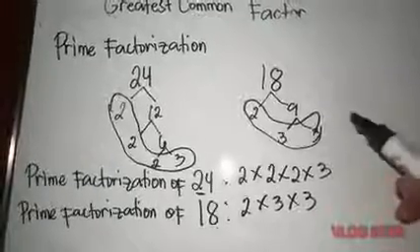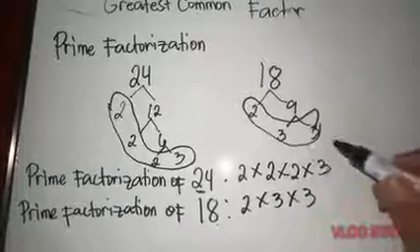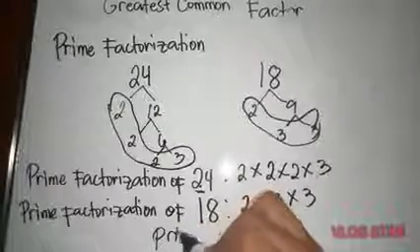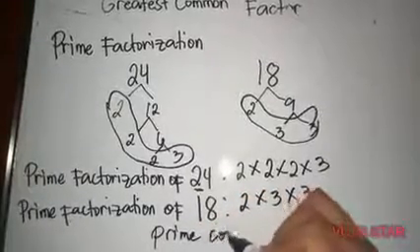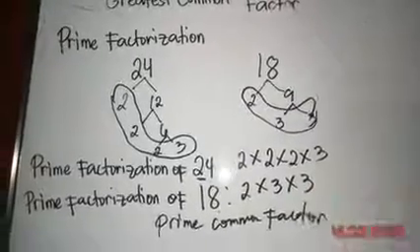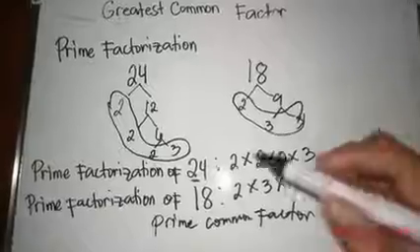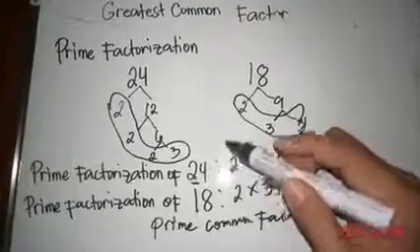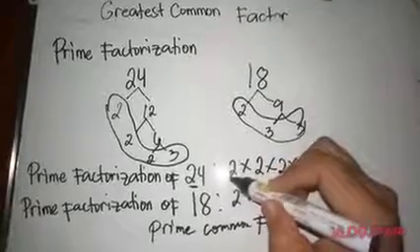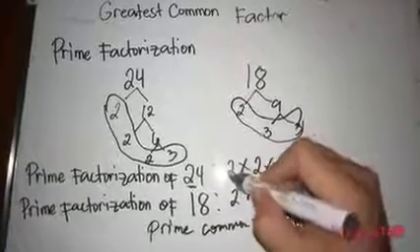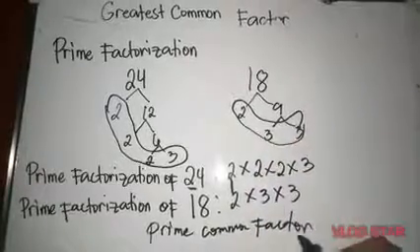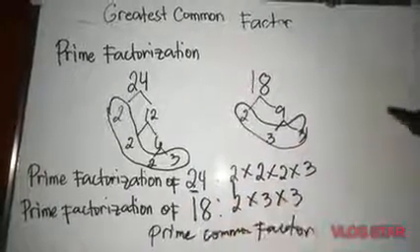After we write the prime factorization of the two numbers, we need to identify their prime common factors. By simply looking at the prime factorization of the two numbers, we can say that 2 is a prime common factor of 24 and 18.